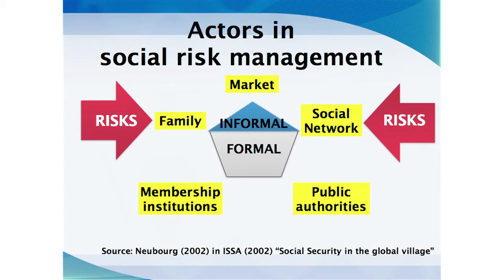But sometimes these actors are not sufficient, they are not enough to satisfy your needs. So maybe you will join membership institutions. By membership institutions, we mean institutions that you can join and from which you can resign. Let's say a trade union, for example, or public authorities.